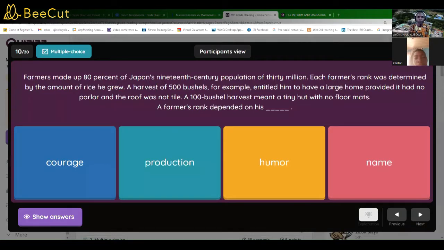A harvest of 500 bushels, for example, entitled him to have a large home, provided it had no parlor and the roof was not tiled. A hundred bushel harvest meant a tiny hut with no floor mat. A farmer ranked depending on his production. Production. That's correct.